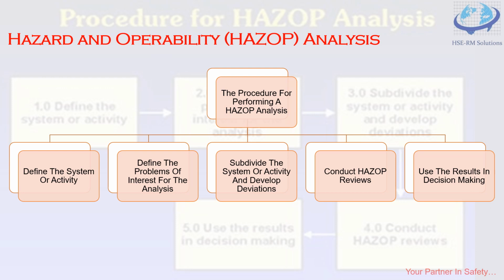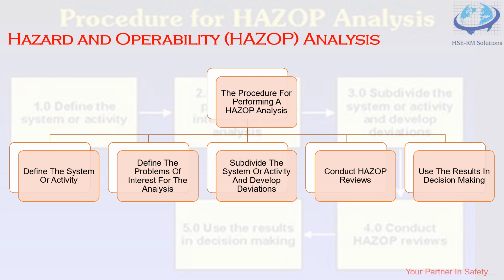Now conduct the HAZOP review. Systematically evaluate each deviation for each section of the system or activity. Then document the recommendations and other information collected during the team meeting and assign responsibility for resolving the team recommendations.